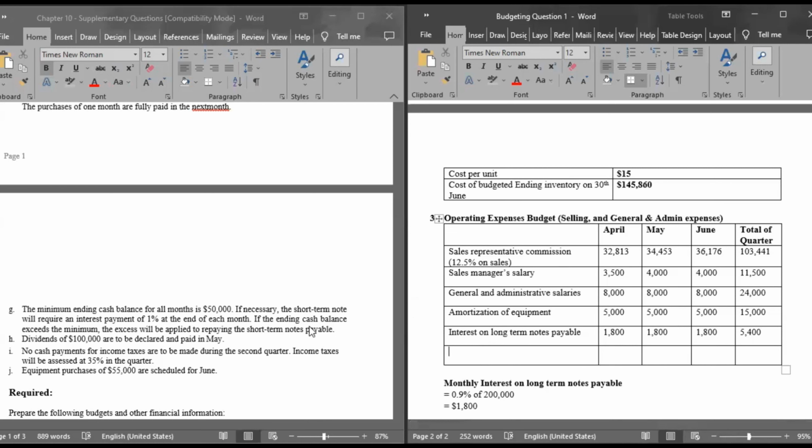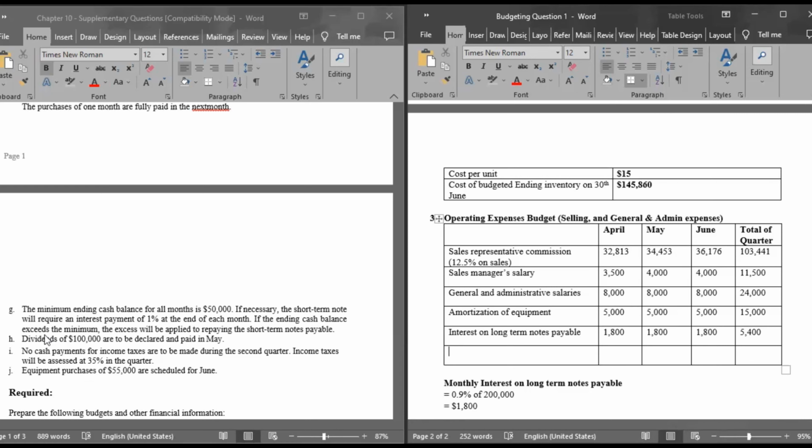Yeah, now it's fine. So he is saying that we need to maintain at least 50,000 of cash balance at the end of each month. But if we have a low balance, just suppose we have 20,000 actual balance at the end of the month, then we need to borrow the extra money with a short-term note to reach the 50,000 minimum balance.